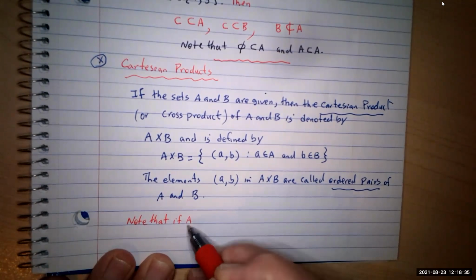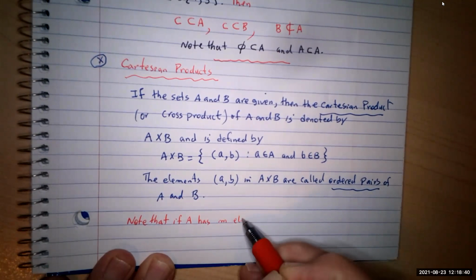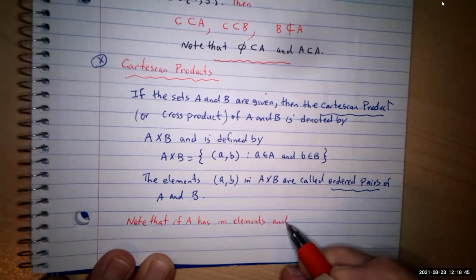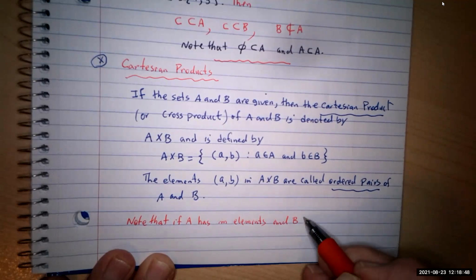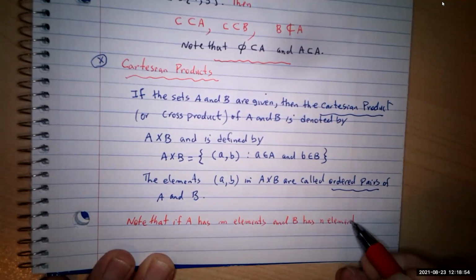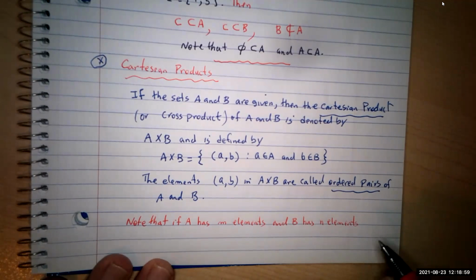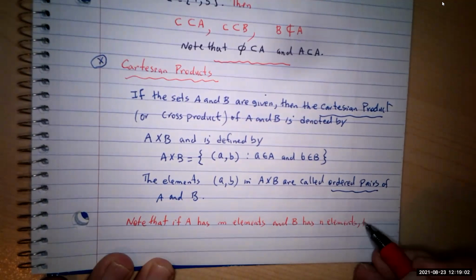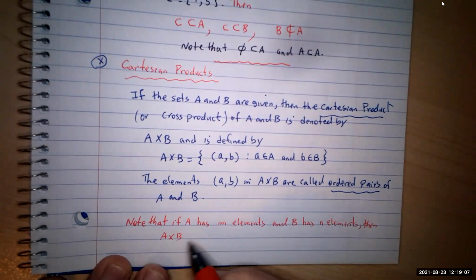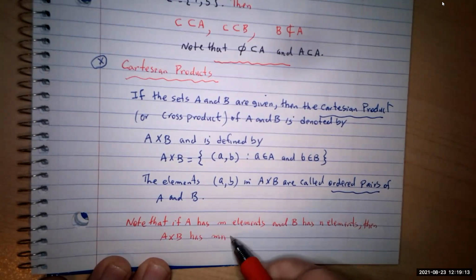So if A has M elements, and B has N elements, okay, M and N, then A cross B has M times N elements, the product.